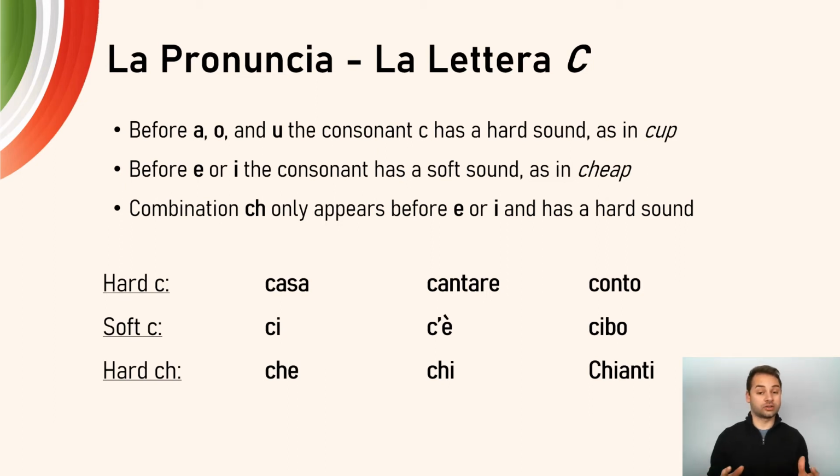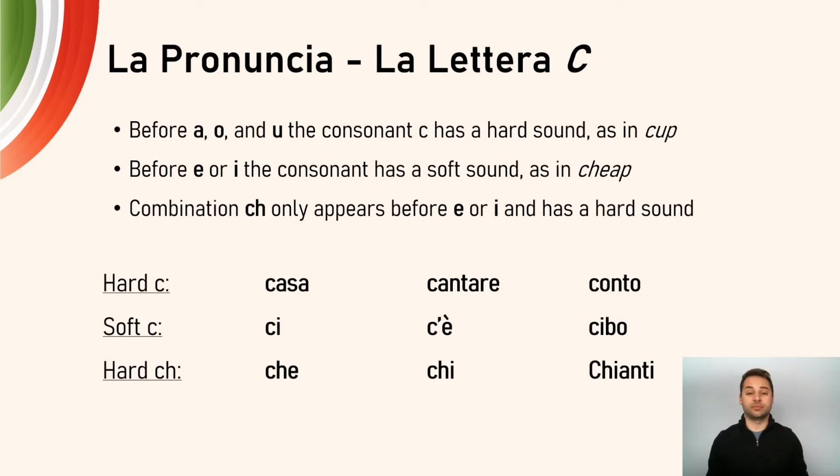So we have hard sound ka, ko, ku, soft sound che, chi. When, though, we have the combination CH, that can only be followed by either an E or an I. And that's only going to be a hard sound. So that'd be the idea of ki, C-H-I, or ke, C-H-E.